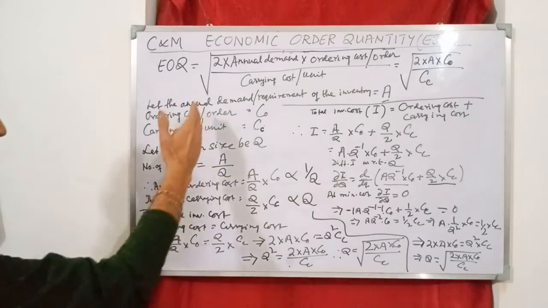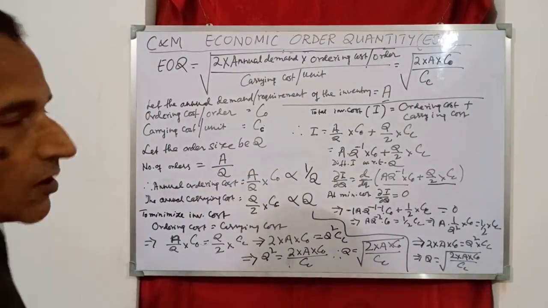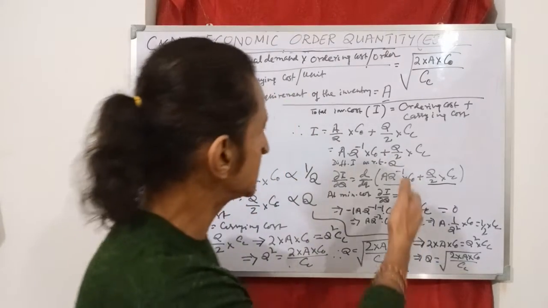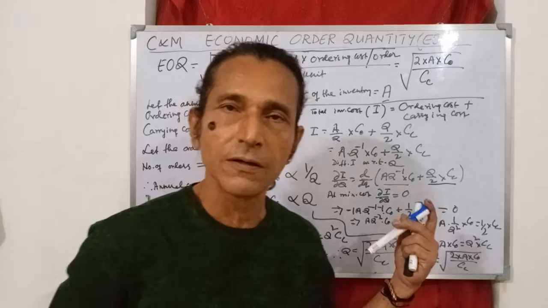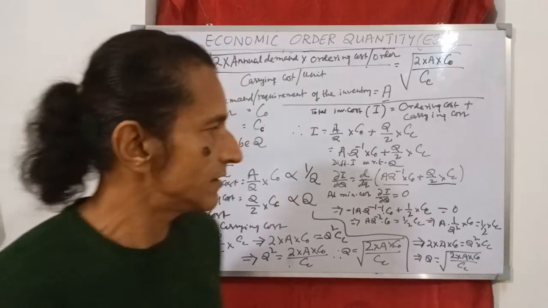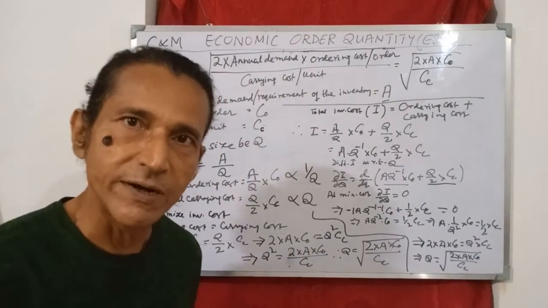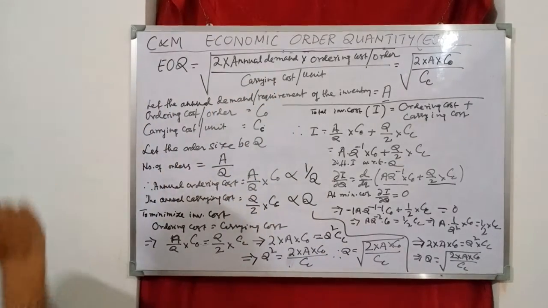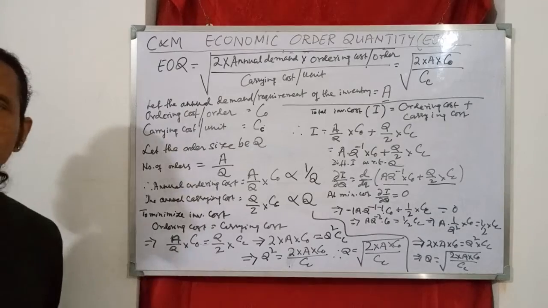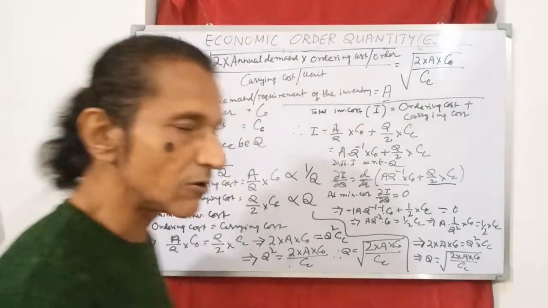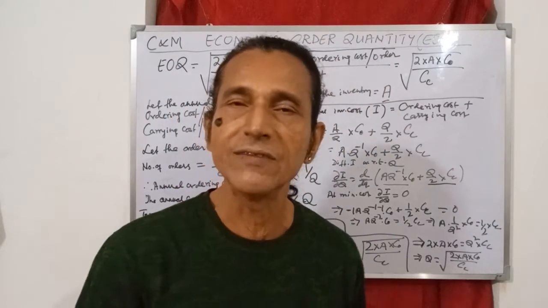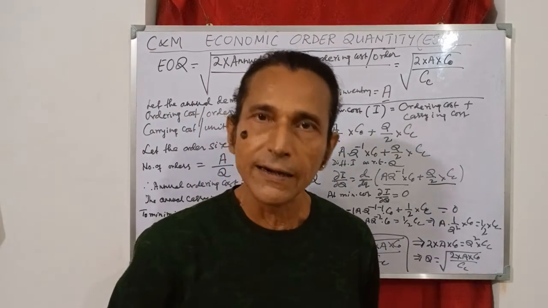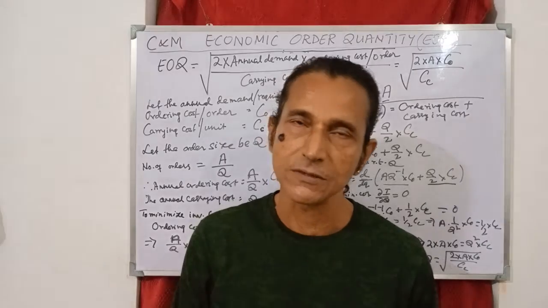So in this section, I have derived the formula of economic order quantity by using simple arithmetic, and in this part, I have derived the formula by using calculus, and both lead to the same result, same answer. So this is all about derivation of economic order quantity. Now economic order quantity is basically an inventory control model, and this model is based on certain assumptions.